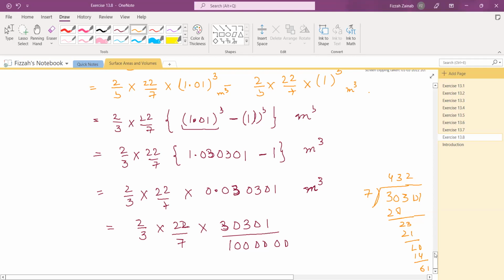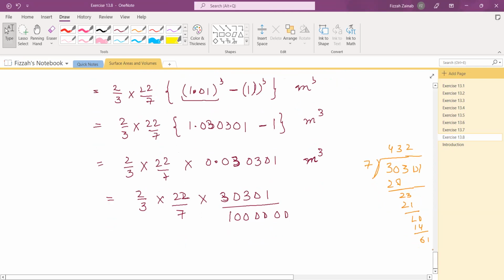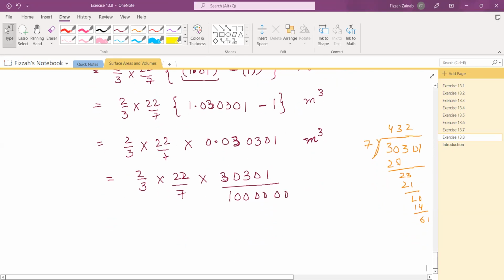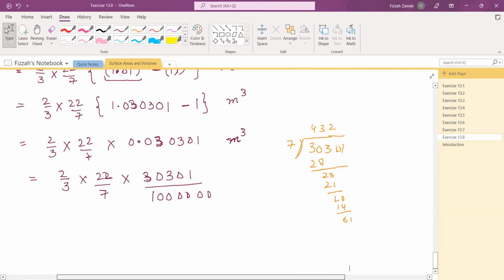Okay, let's do some division here. So what I'm getting is 61, right? So 7 into 8 is 56. I'm left with 5.